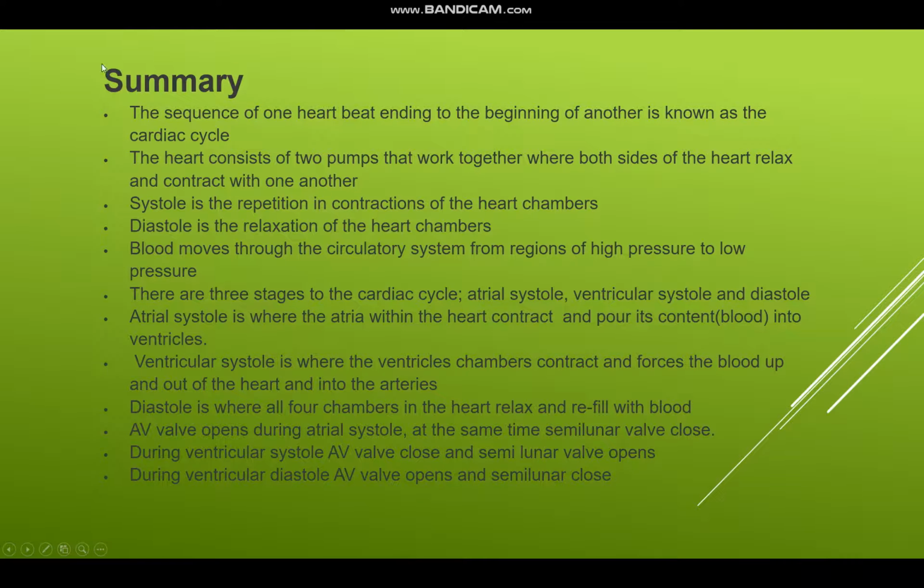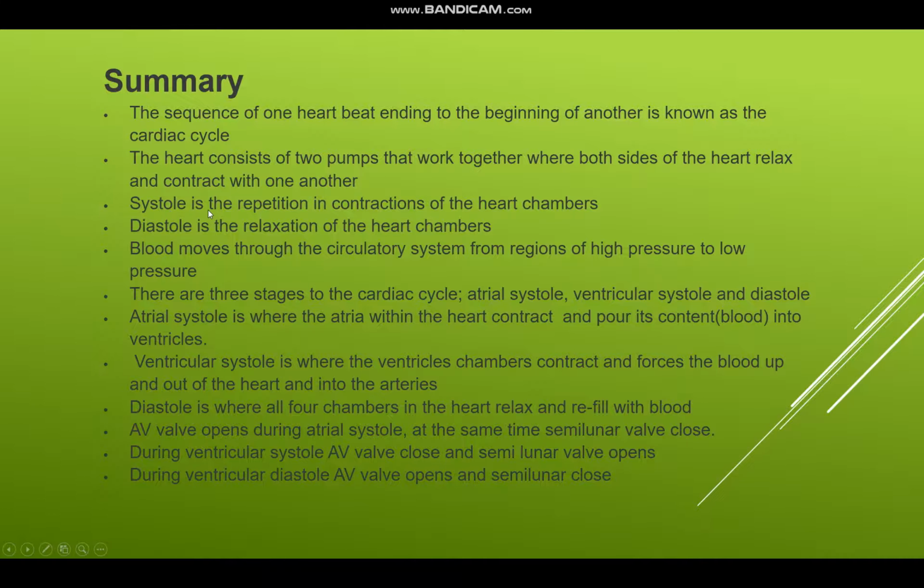Okay, now here we are talking about the summary of the cardiac cycle. The sequence from the end of one heartbeat to the beginning of another is known as the cardiac cycle. The heart consists of two pumps that work together, where both sides of the heart relax and contract with one another.